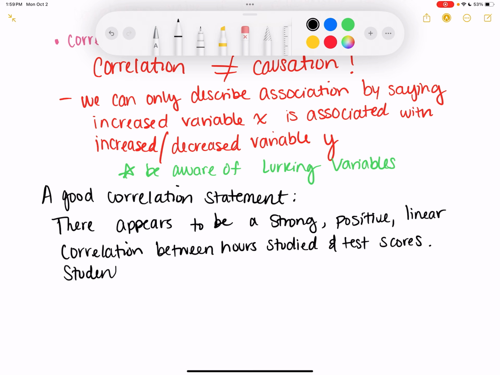Students who studied longer tend to have higher test scores.